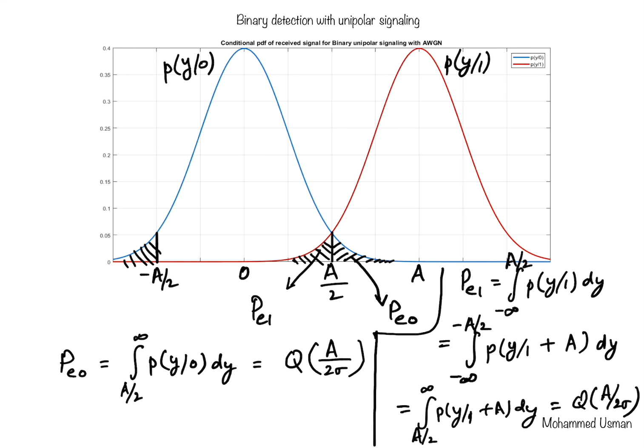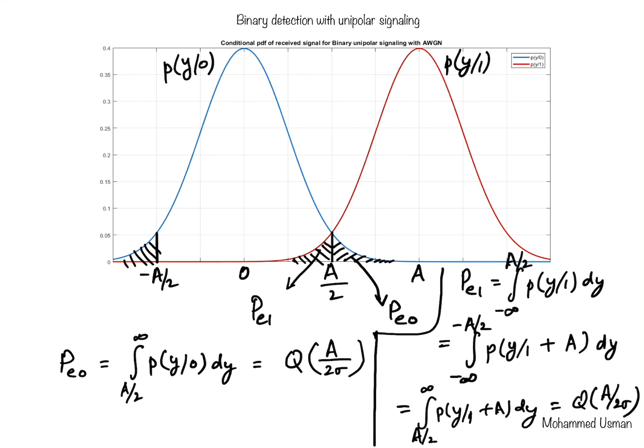So we have now got the error probabilities for 0, which is PE0, equal to Q of a by 2 sigma, and for 1 it is PE1, which is also equal to Q of a by 2 sigma. Now we'll just keep it as the Q function, and we will come to how to evaluate this Q of a by 2 sigma and compute it from the table. We'll talk about this later, but just understand that this Q of a by 2 sigma represents the area under the Gaussian tail.